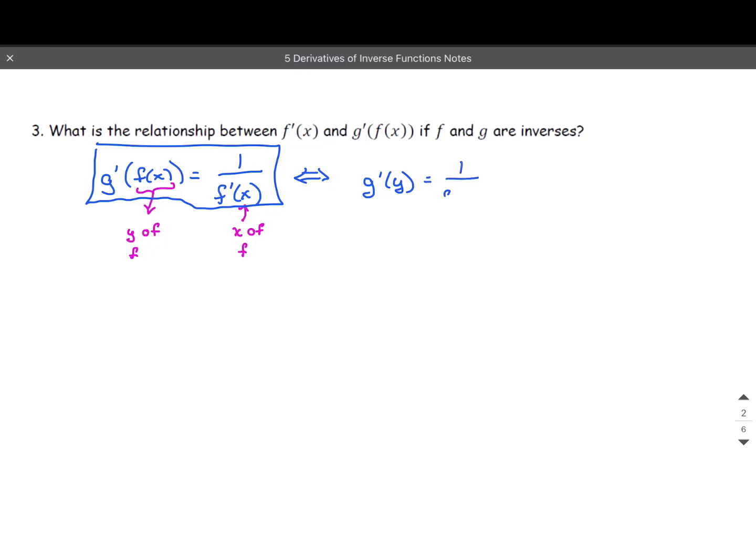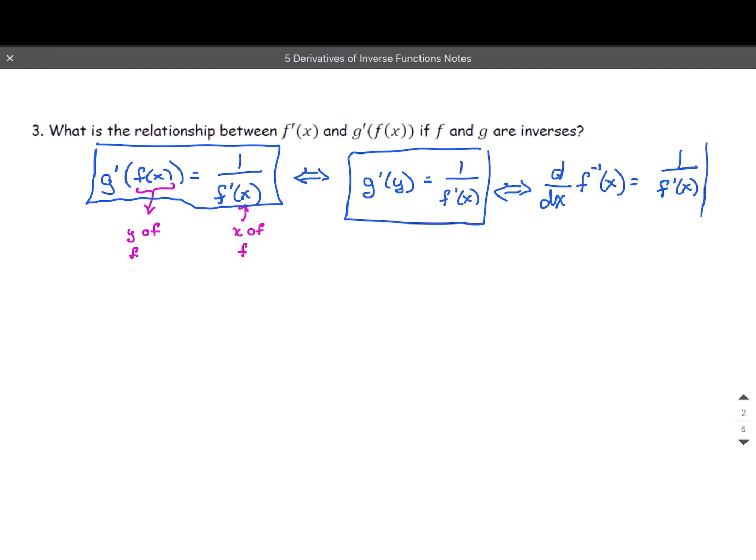Not really the best notation, but every once in a while you'll see somebody write it. And another way to write that is the derivative with respect to x of f inverse of x equals 1 over f prime of x, because remember g was just f inverse.